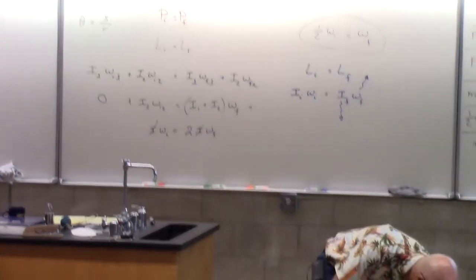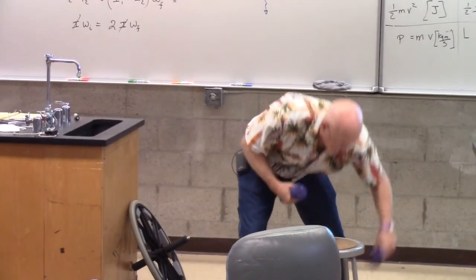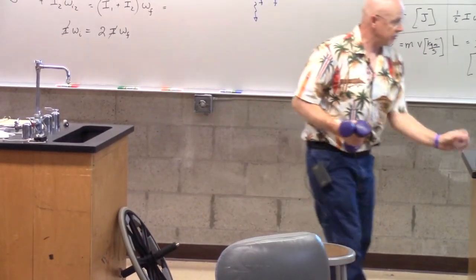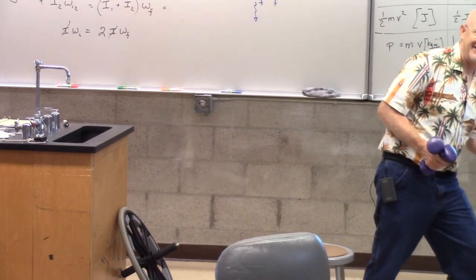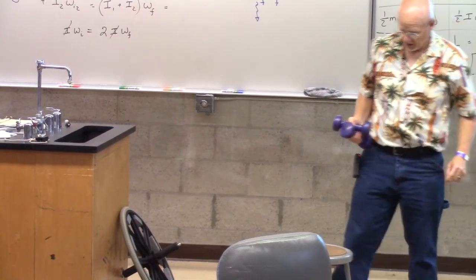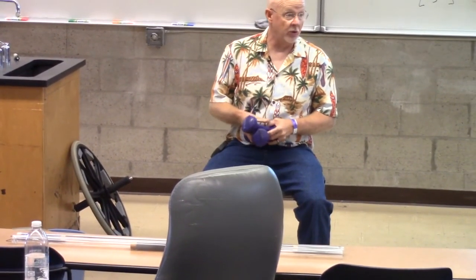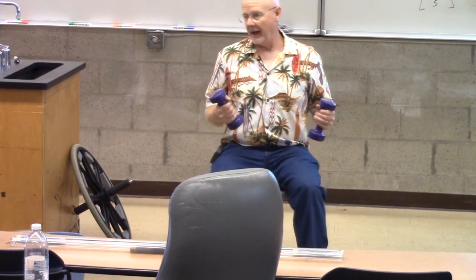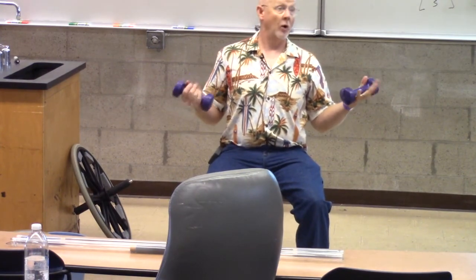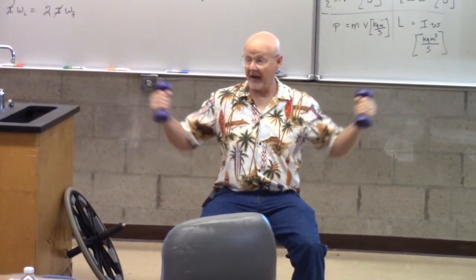Well, I'll illustrate it by pulling my arms in. I won't try to ice skate for you, but I will spin on this little stool, and to make it more exaggerated, I'll put some weights in my hand.